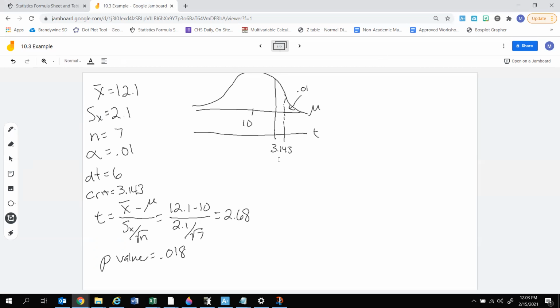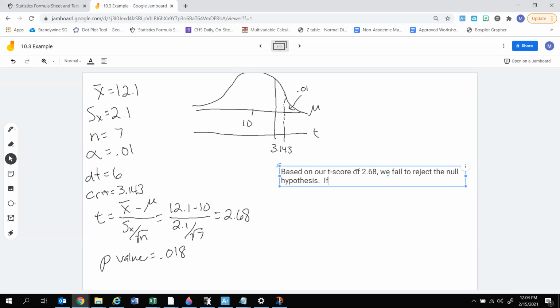The conclusion is our little 3-sentence wrap up of everything. So here's what we're going to say. Based on our t-score of 2.68, we fail to reject the null hypothesis.